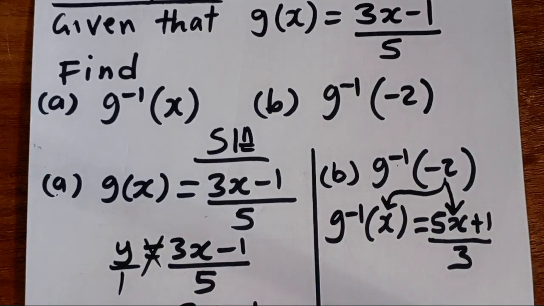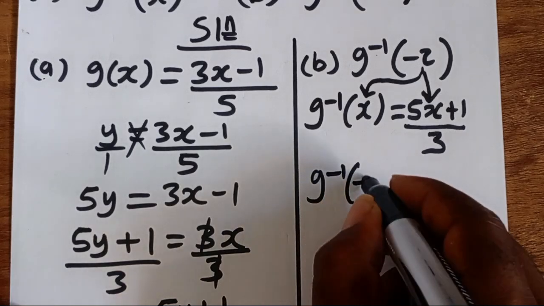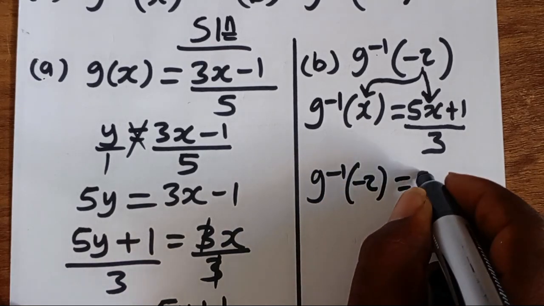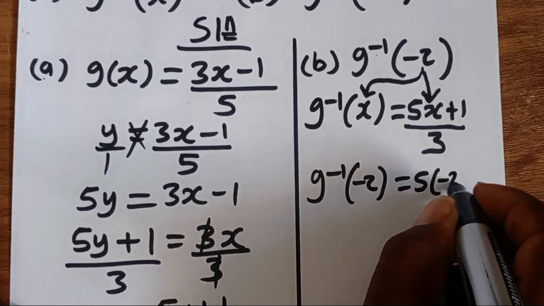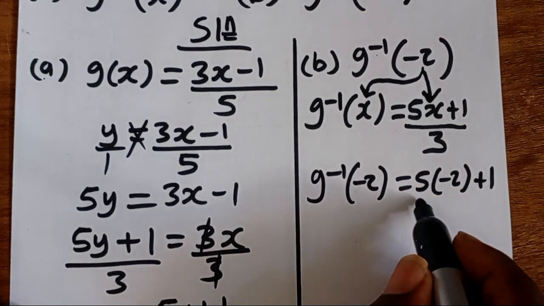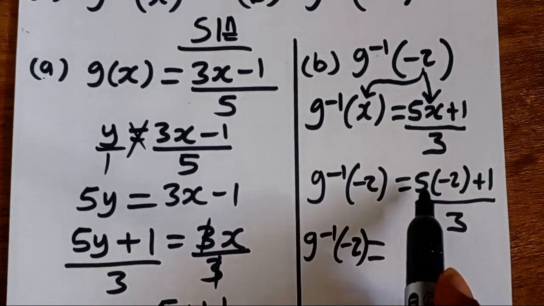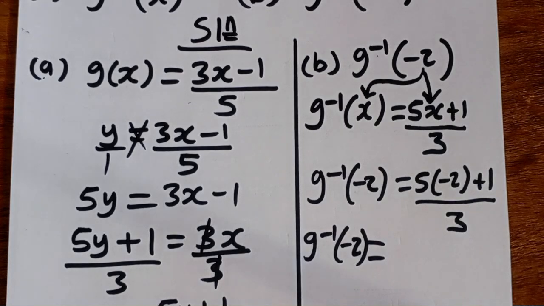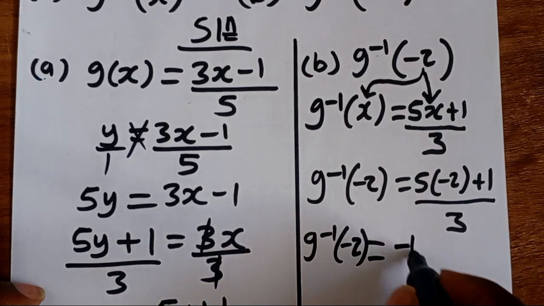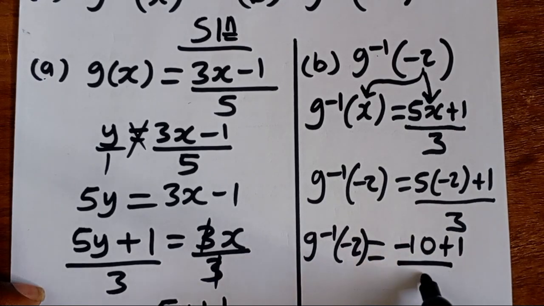So in this case, we are going to have g inverse of negative 2 equals 5 times negative 2 plus 1 over 3. So 5 times negative 2, we are going to have negative 10 plus 1 over 3.